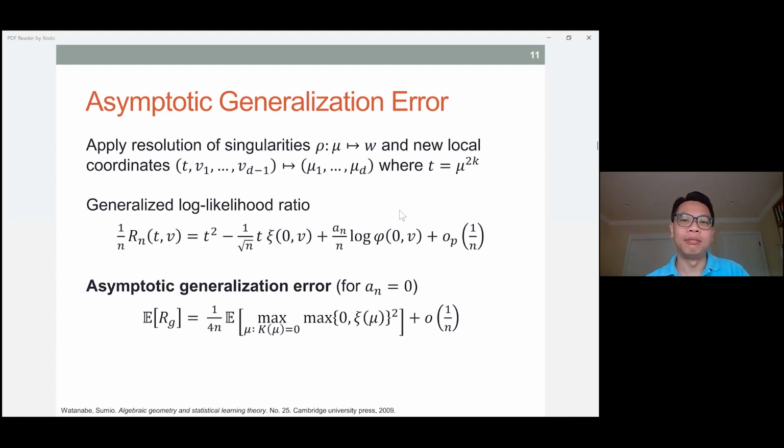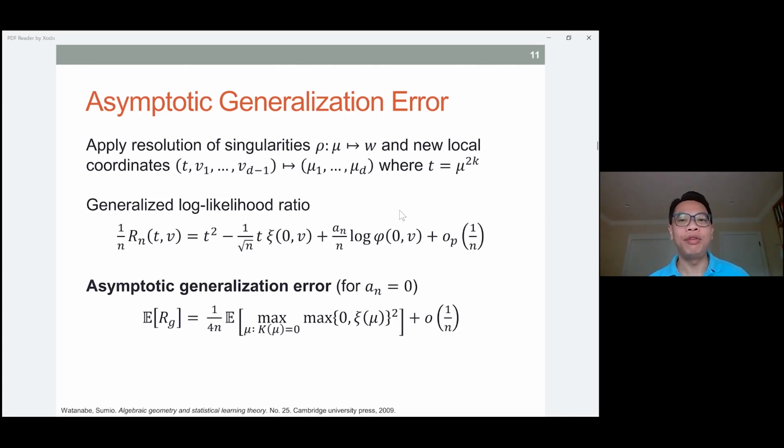But in statistics, people have not been using those software to analyze their models. Even just to talk about varieties in the statistical community is difficult. So in real life, few people actually apply resolution of singularities to their models during learning.